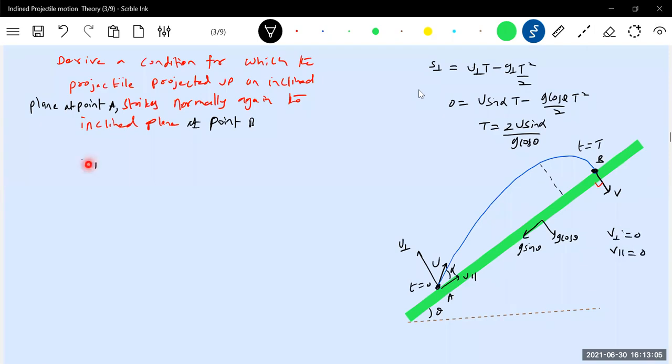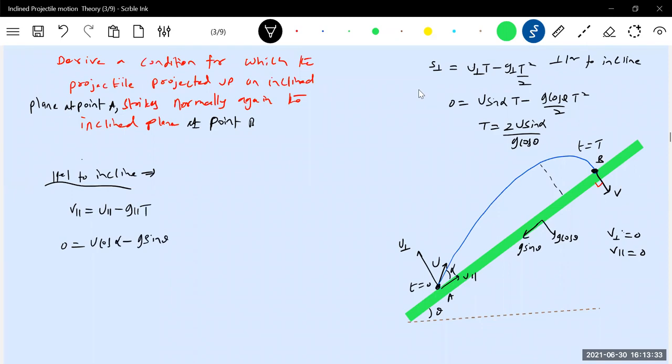So therefore, along the incline, this is perpendicular to the incline, what we wrote. Parallel to the incline, v parallel equals u parallel minus g parallel t. This should be 0. u parallel is u cos alpha, g parallel is g sin theta, time of flight 2u sin alpha by g cos theta.